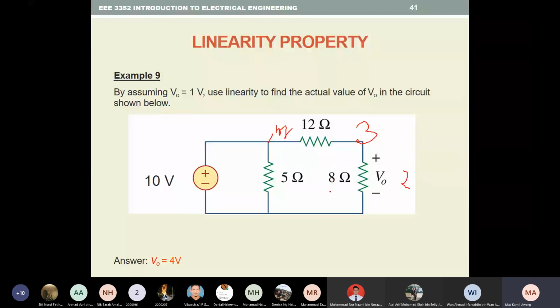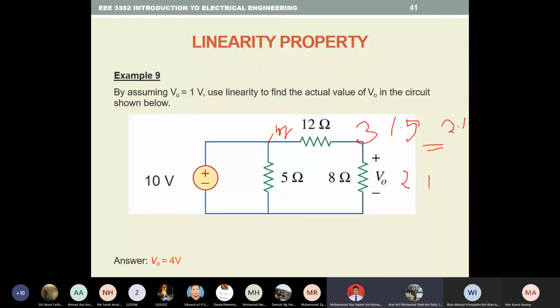So if this is 1 volt, this will be 1.5 volts. So the total is 2.5, right?